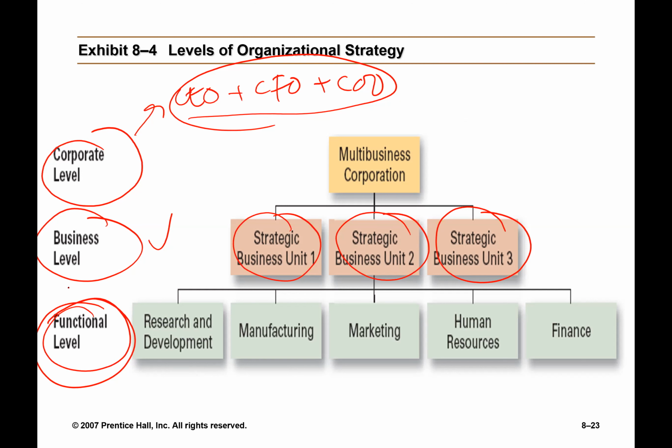They will come up with their own strategy, and normally it is to execute the strategy made at the business level, and the business level follows the corporate level strategy. This is what we call the top-down approach.